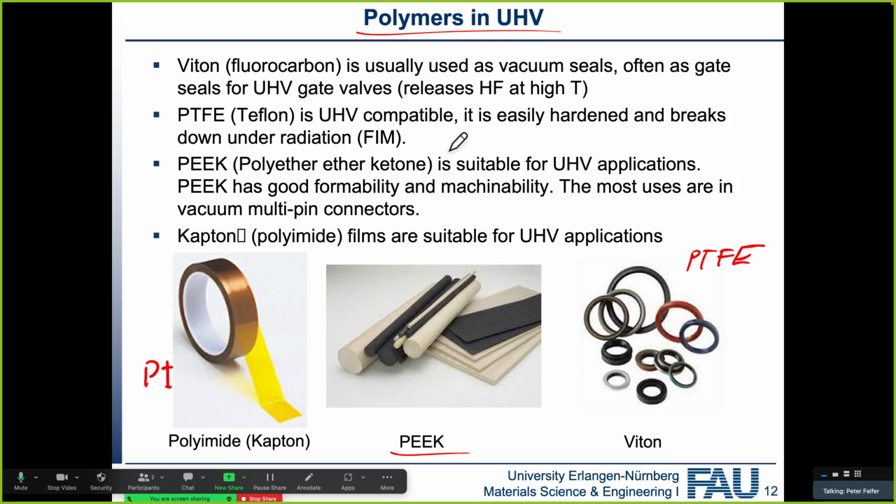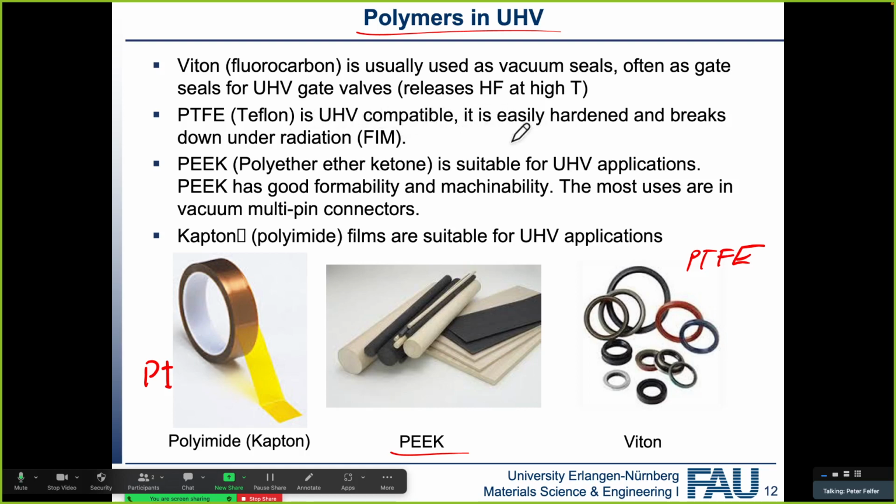So typically we use Viton, which is a fluorocarbon rubber, as seals where we can. We use Teflon, PTFE, also in areas where typically we need something with low friction.